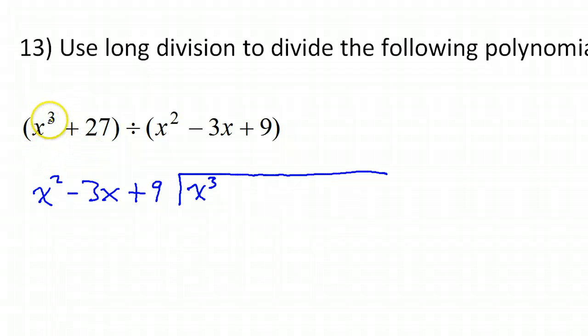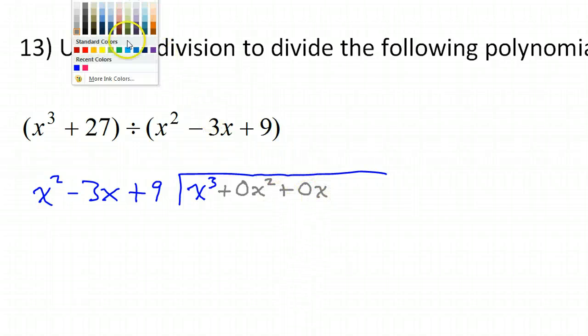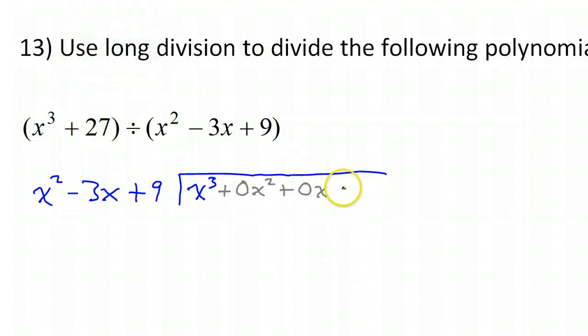Now notice how it skips directly from x to the 3rd power straight to the constant. We're going to need a couple of 0 terms, people, as placeholders. So I'm going to need a 0x squared and a 0x term to hold the spot. And then my plus 27. So this is how you set it up.